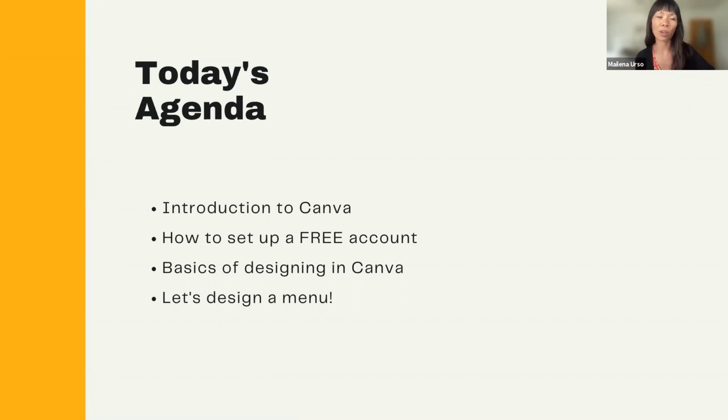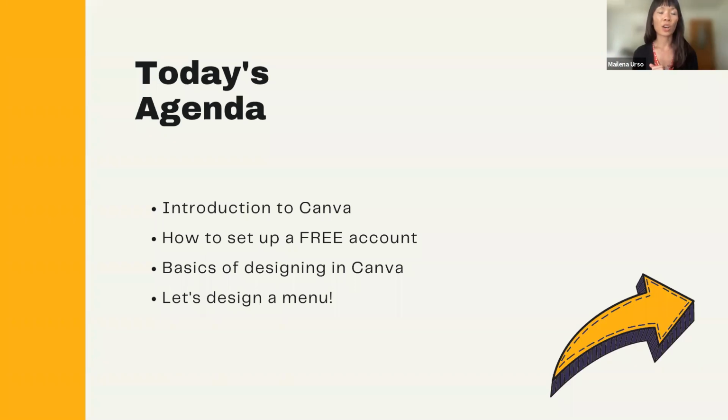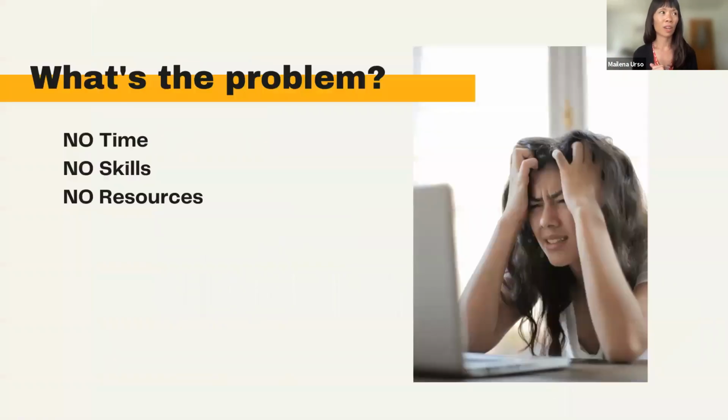And then I'm going to focus on designing a menu, because I know that everything is changing in our restaurant worlds and prices are increasing, and I decided to build my menu in Canva to have the flexibility to make changes when I needed to make changes. So that means pricing changes, that means menu item changes, all of that. So I'm going to go right in.